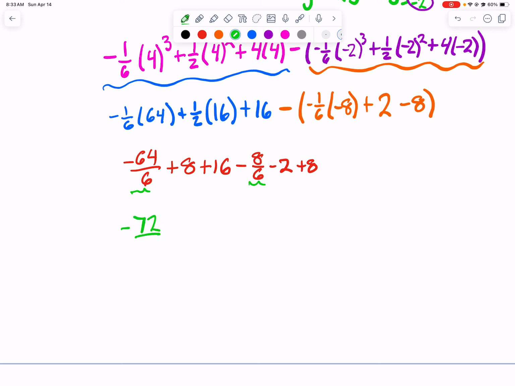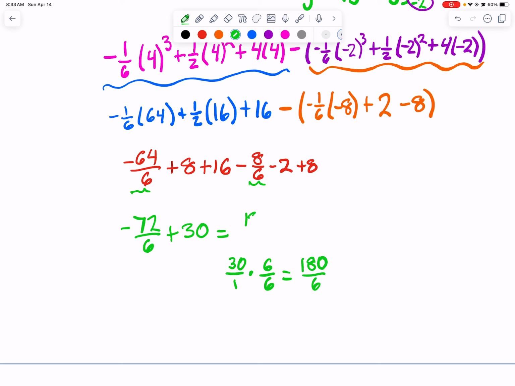It's negative 72/6 plus 8 plus 16, plus that 8 is 32. Minus 2 is going to be 30. If we want some big thing over 6, we can take 30 over 1, multiply that by 6 over 6, and we'll get 180 over 6.